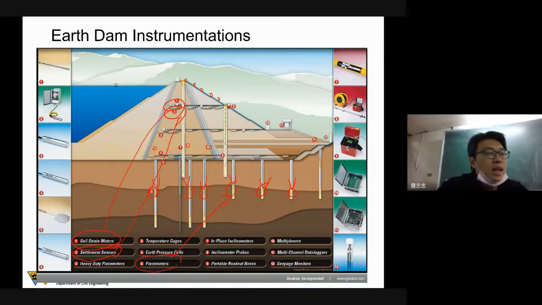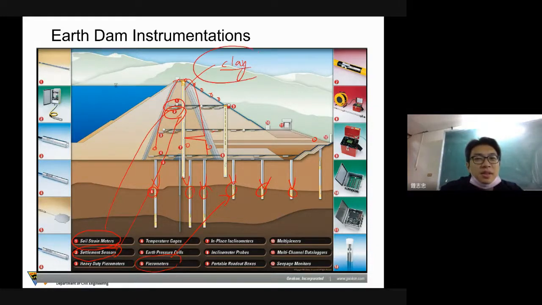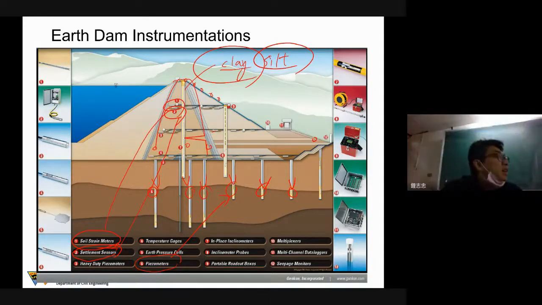To get a higher density of the soil. However, inside of this, the material is still clay, which is used for sealing because we try to slow down the water flow velocity. But this kind of soil has some problem. What is the problem with that?